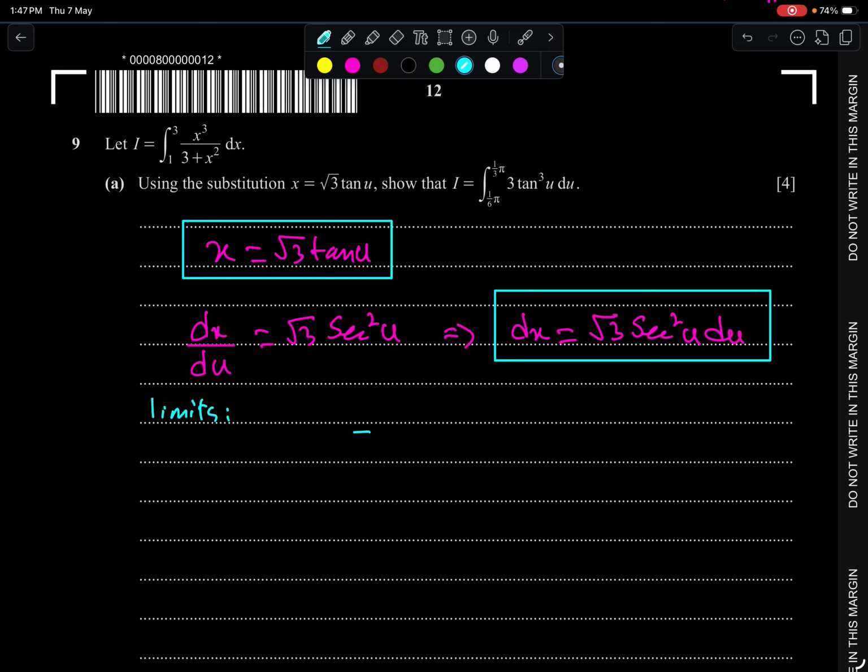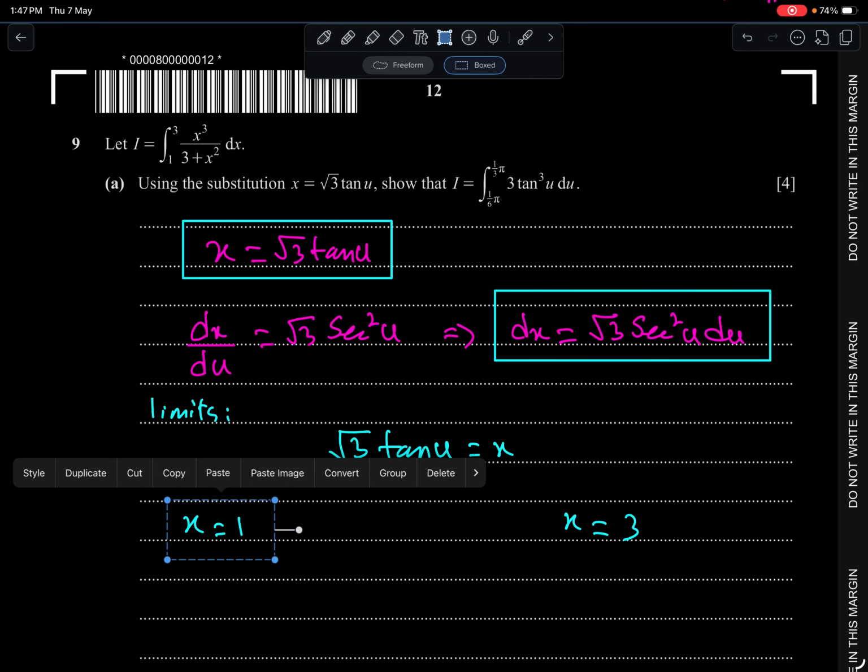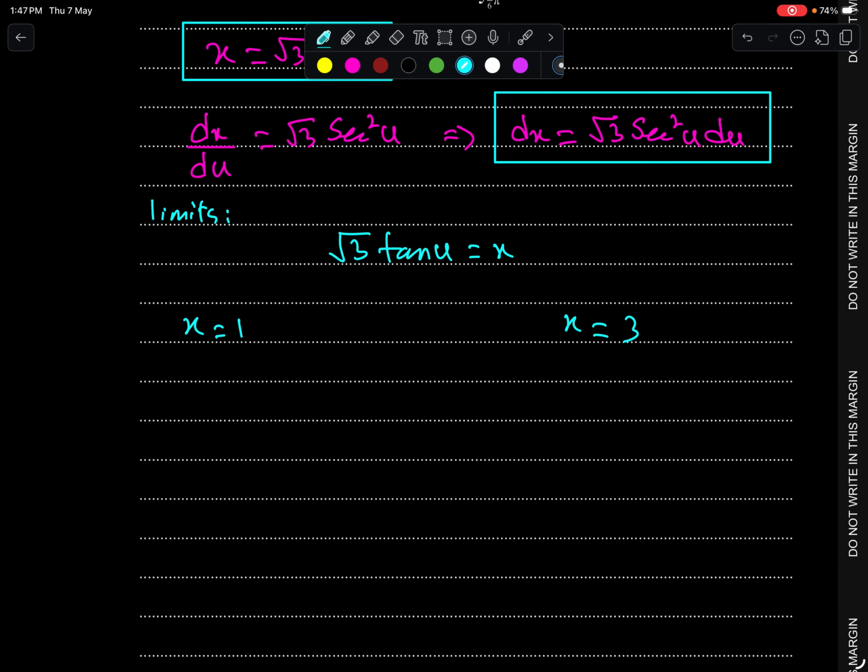For limits, always use the given substitution. So when x is 1 and when x is 3. Now substitute 1 here. So u is, under root 3 tan u is equal to 1.